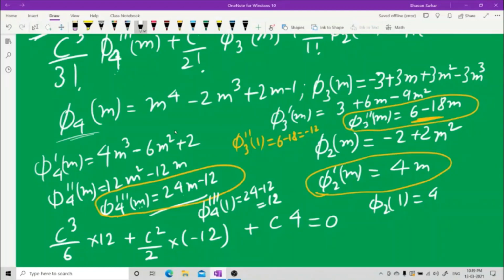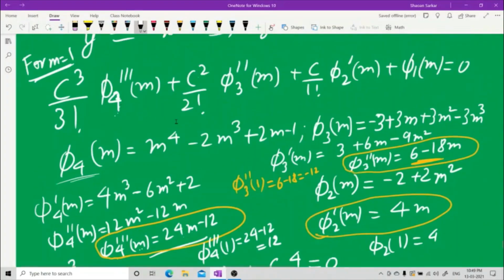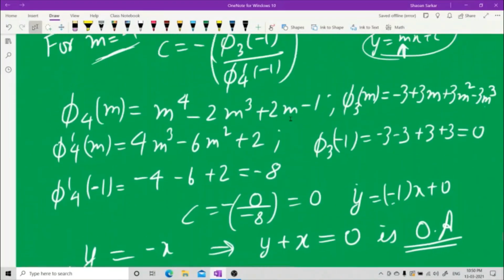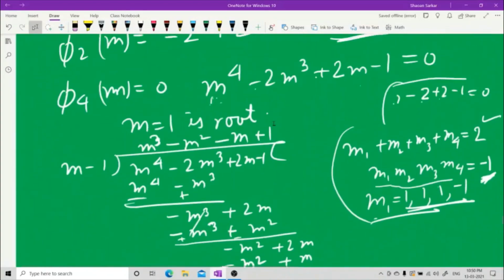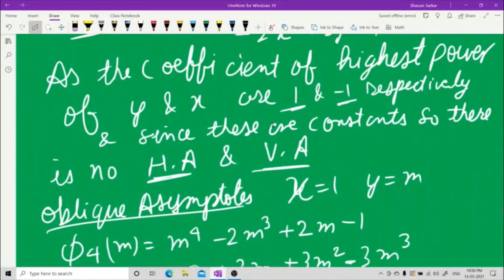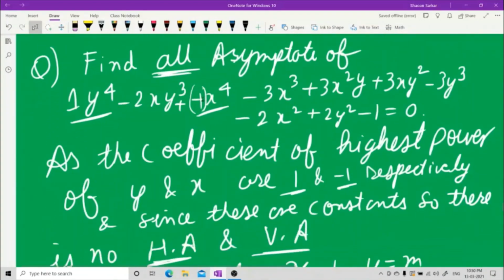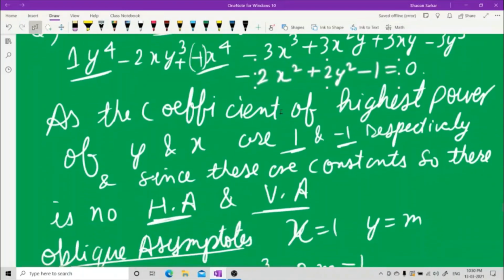Here this phi 1m is 0. Why? In these equations, see, there is no single power of x and y, so phi 1m is 0.